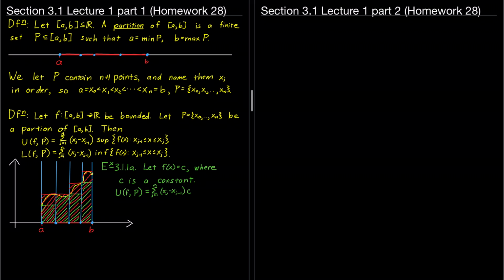And then we've got c times, I'm actually going to write them like this: x1 minus x0, and then x2 minus x1, and then we keep going up until eventually we get xn minus 1.